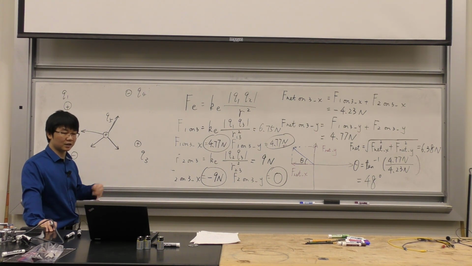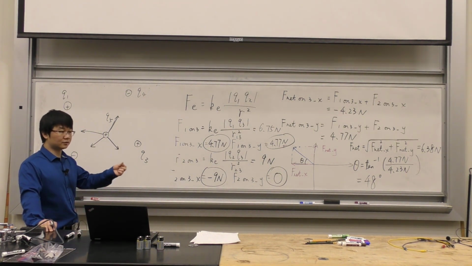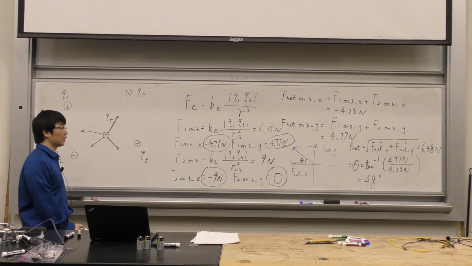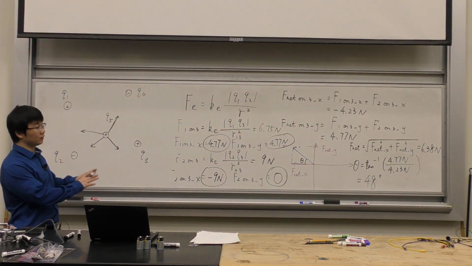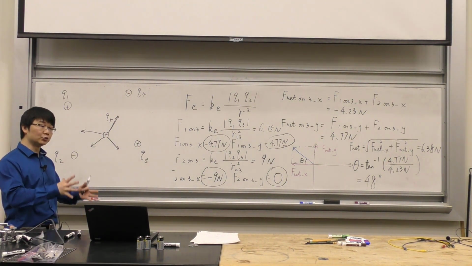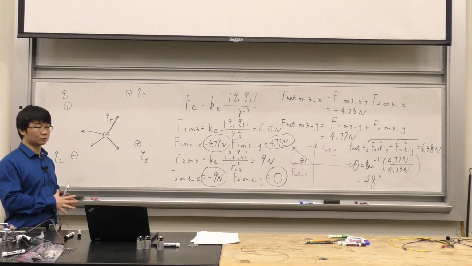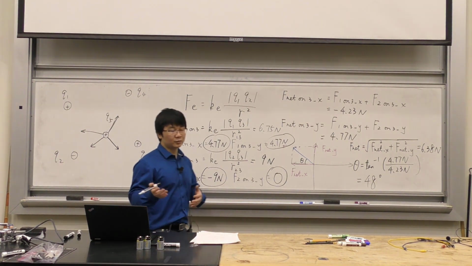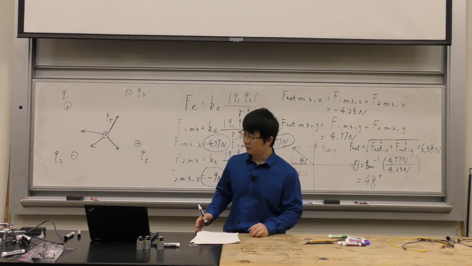I'm just going to repeat the same process: pair it up with every other charge, find the vector, break them into components, add components together, combine them to find the net force. So we're done with this type of question. If you want to find the electric force on any charge in a group of point charges, that's how we do that. But it's going to be tedious. It's going to take a lot of time.